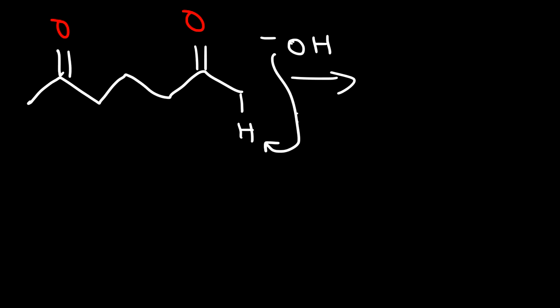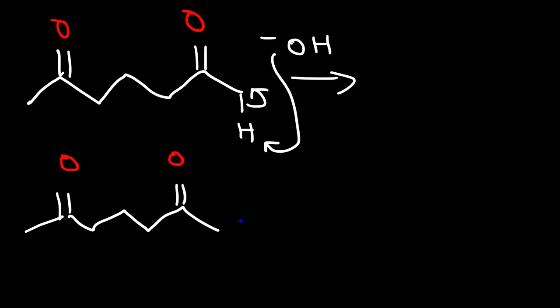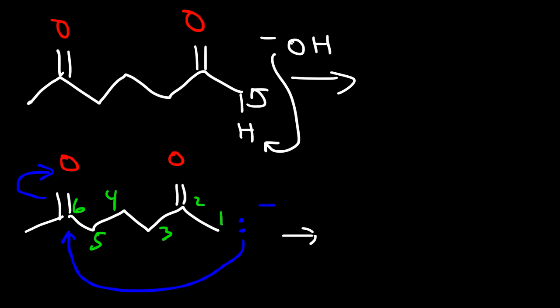So first, the base is going to take off the alpha hydrogen. And then the enolate ion will attack the other carbonyl group. And so it's going to close. Let's call this carbon 1, 2, 3, 4, 5, 6. So we're going to get a 6-carbon ring.